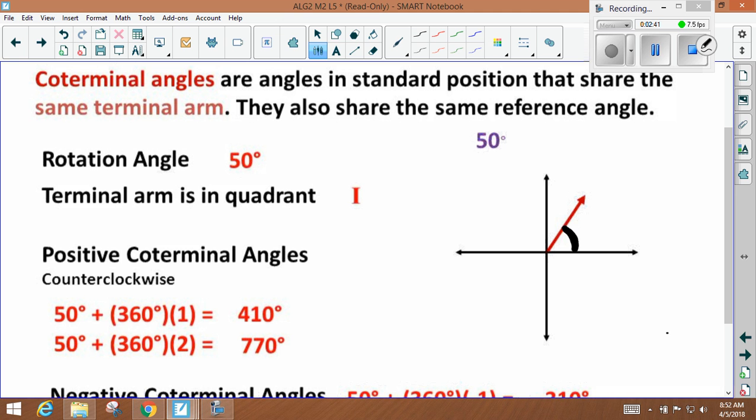So this right here is my initial, and then my terminal will go like this. So I start here. I went 360 degrees, right? And then 50 more. Where does that put me? 410 degrees.